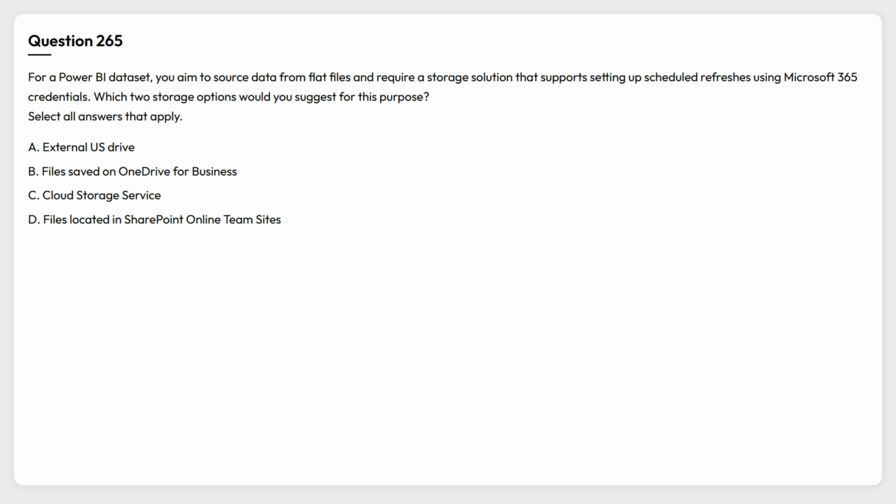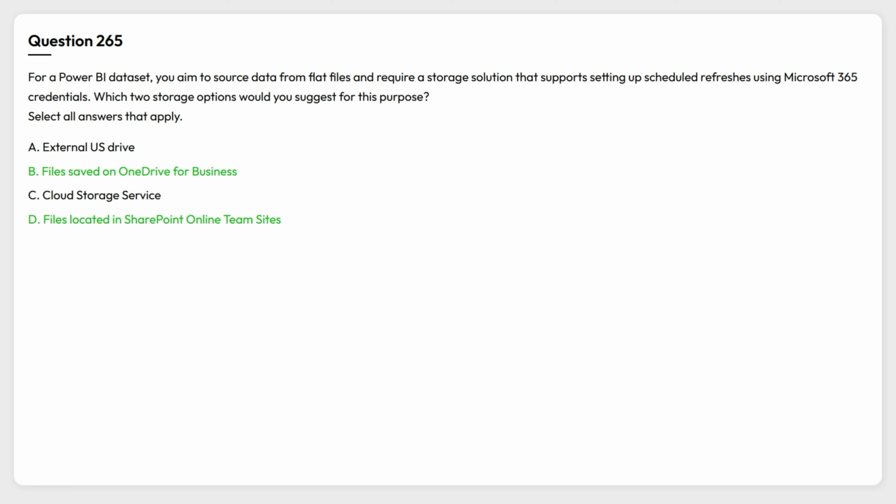Option A. External USB drive. Option B. Files saved on OneDrive for Business. Option C. Cloud storage service. Option D. Files located in SharePoint Online team sites.